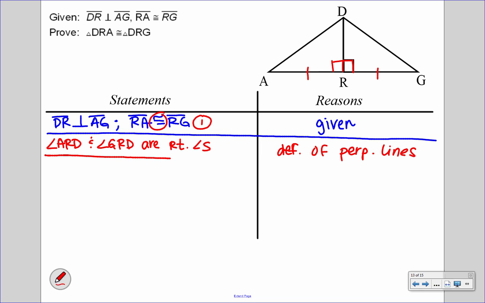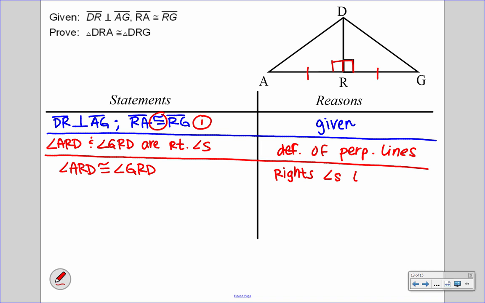Once we've stated that, we can write down that angle ARD is congruent to angle GRD because of the right angles congruency theorem.